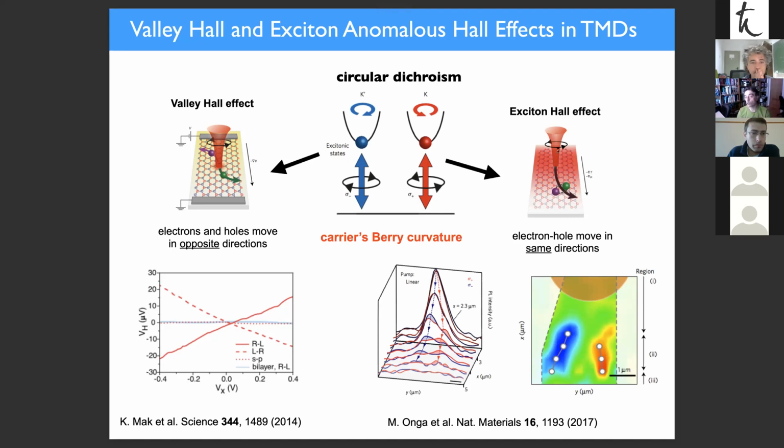And when it moves, it's going to pick up a lateral drift. And this drift depends on the polarization that was used to excite. So this is seen in photoluminescence of this exciton. Eventually, it's going to decay and emit light. And you can see that there is some lateral shift depending on whether you excite it with left-handed or right-handed polarization.